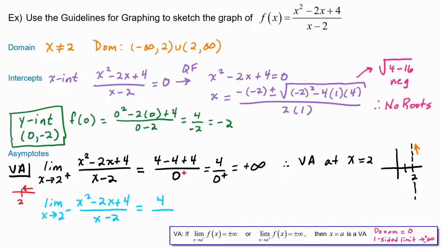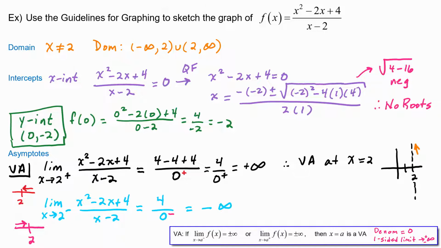The denominator will be 0, but when we plug in a number approaching 2 from the left, we're going to think 1.999 over here. If we put 1.999 in here and subtract 2, we are going to get a tiny little negative. So this is going to go to negative infinity.